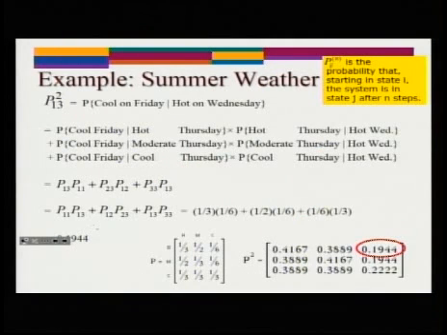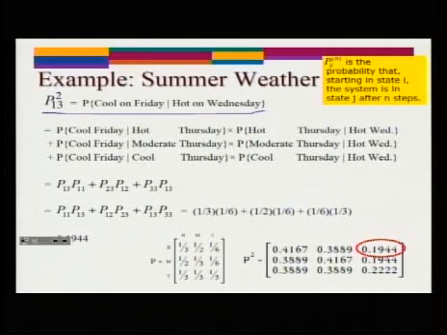That is because the desired probability can be computed by conditioning on Thursday's weather. So this is the desired probability, P sub 1,3 to the second power matrix. So there is the probability that the Friday weather will be cool, given the Wednesday's weather is hot.